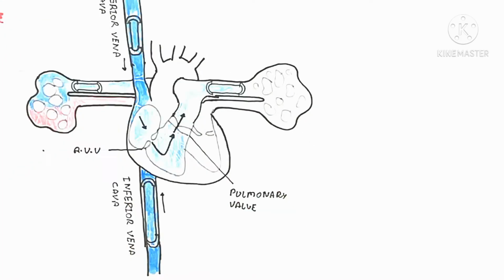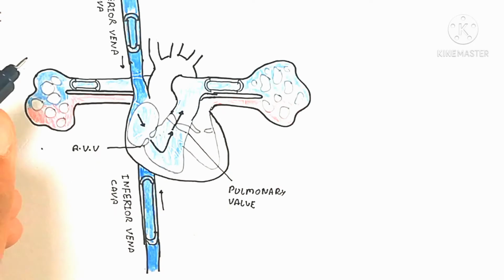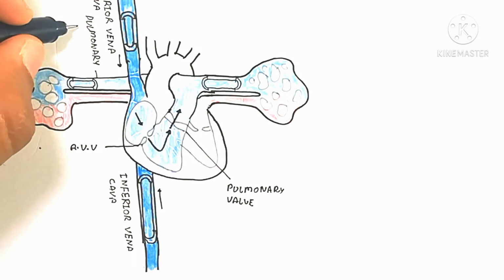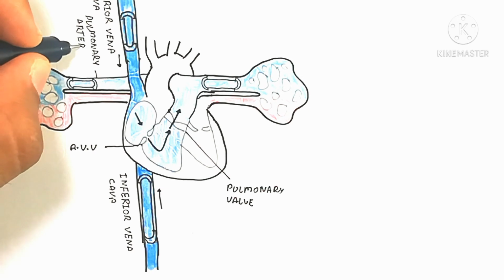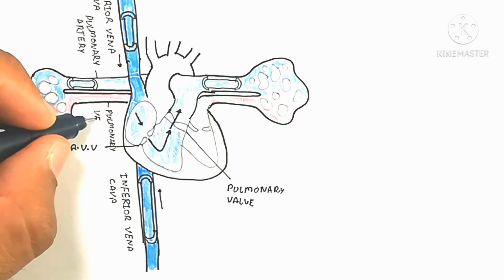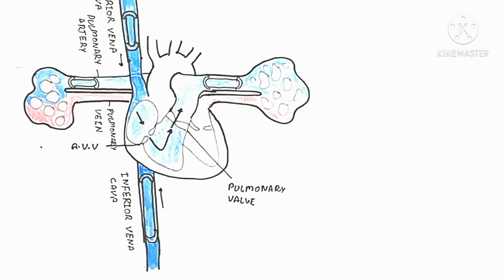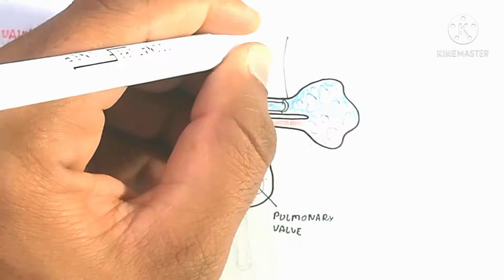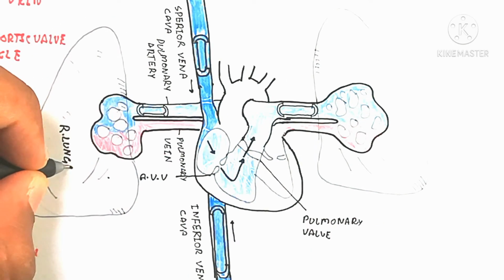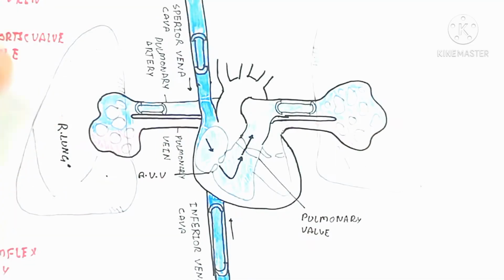After ventricular contraction, it passes through the pulmonary valve into the pulmonary artery, and thus the deoxygenated blood goes into the lungs, and the lungs provide the oxygenation.